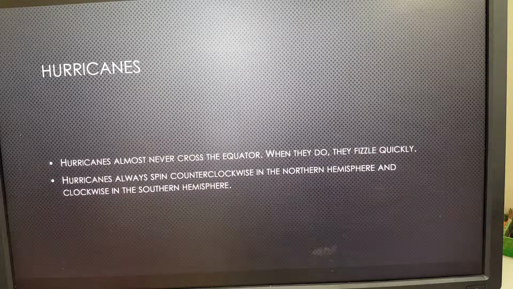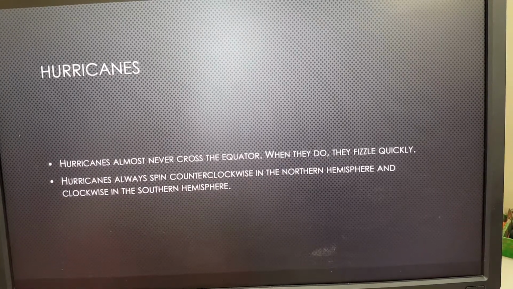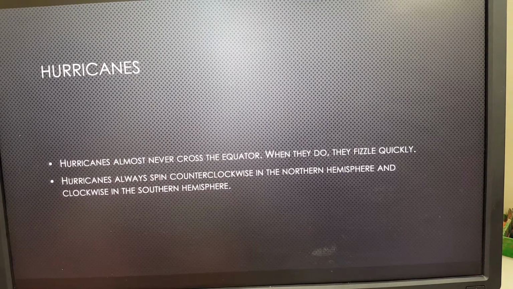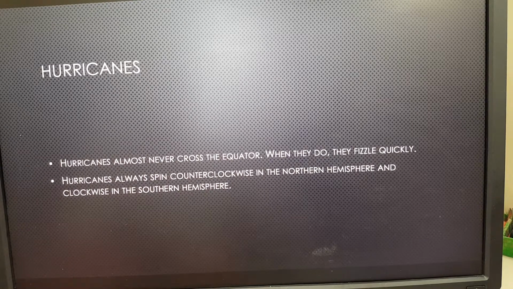Lastly, I want to talk about hurricanes because these are not typical weather events. The first thing I want you to notice, and I'll show you, is that hurricanes almost never cross the equator. Remember the doldrums that we talked about.